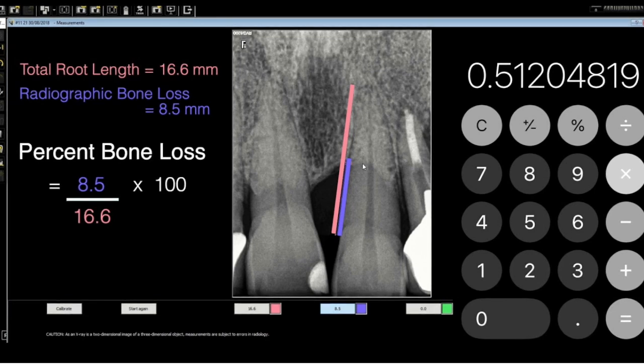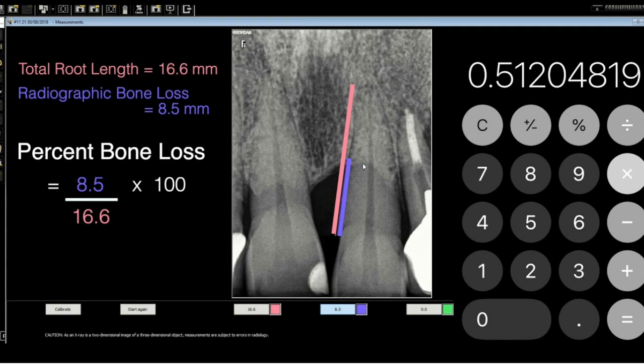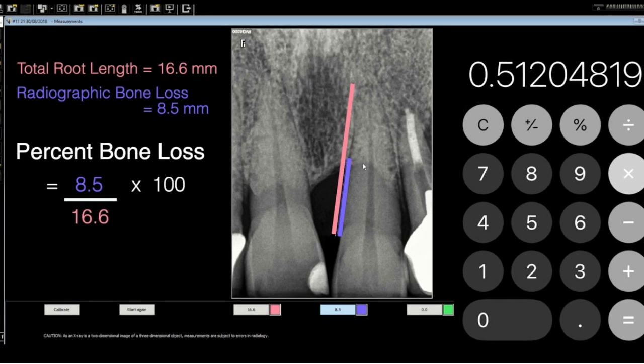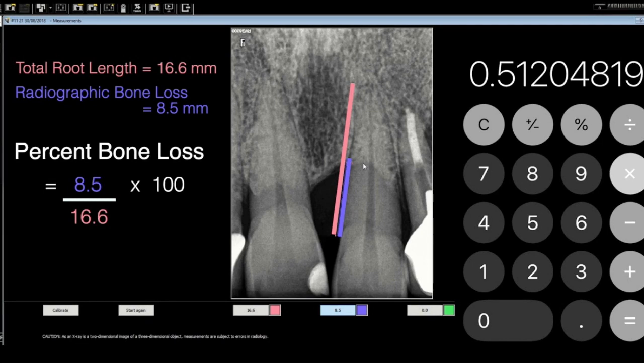So 8.5 divided by 16.6 for the total root length, times 100%, equals 0.512. So the bone loss for this patient is 0.51.